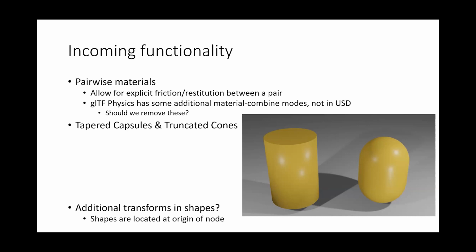So it's out of a drive to have that. You can't mathematically describe a model where you can combine any two materials and get their friction and restitution values. So we had a desire to say, listen, given these two explicit bodies or these two explicit materials, this is the value that should happen when they combine.